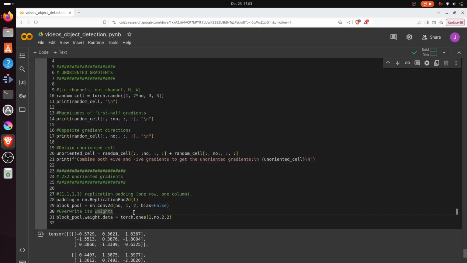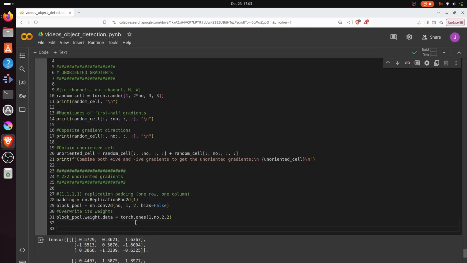Great. So now let's get to work. Let's see this in action. First of all, we are going to define these 2x2 grids, these 2x2 blocks. How? We're just going to take the original unoriented cell that we defined above and multiply it by itself, to get the squared unoriented block to get started with.